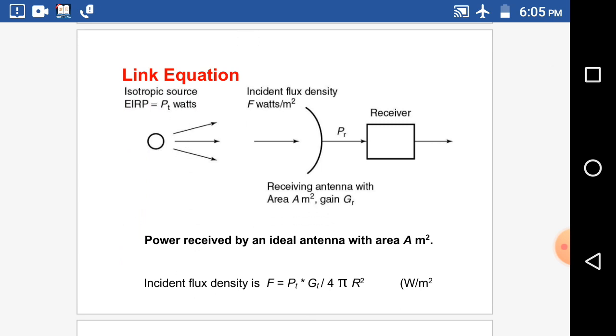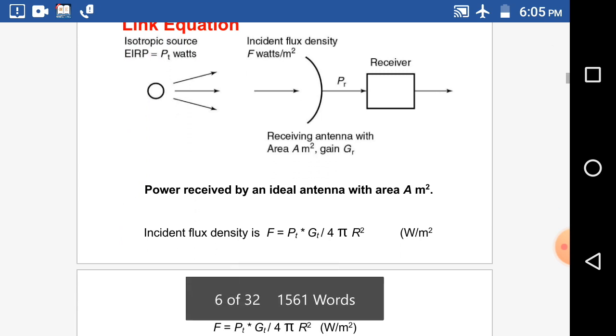That power density across a receiving antenna is denoted by F, which is equal to PT into GT divided by 4 pi r square. This power density is available at the point of the antenna.